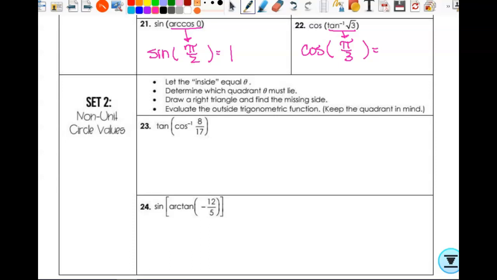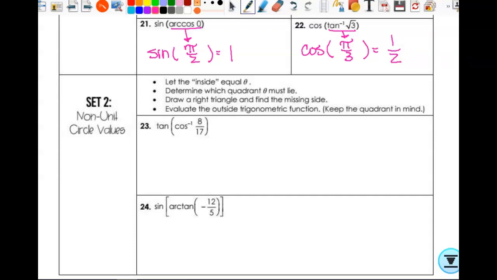Say something, anything. 1, okay. So the cosine of pi thirds, well, this says this is a 1, but this is the square root of the number of fingers over 2. What's the square root of 1? 1. 1 over 2 is 1/2. Okay. All right, any questions on those?